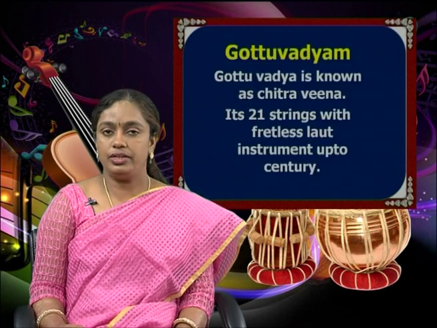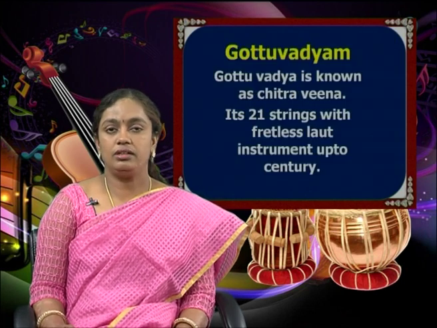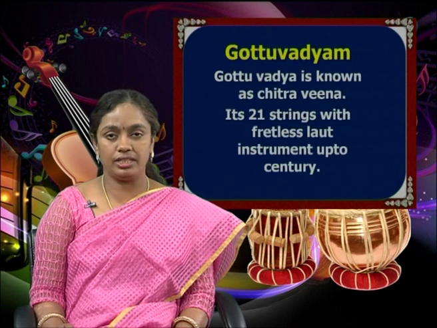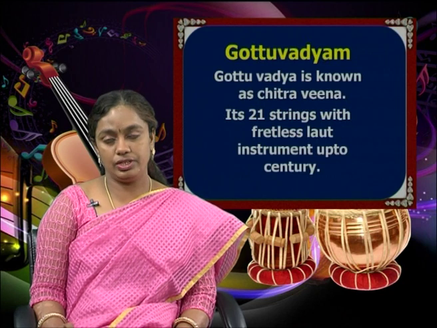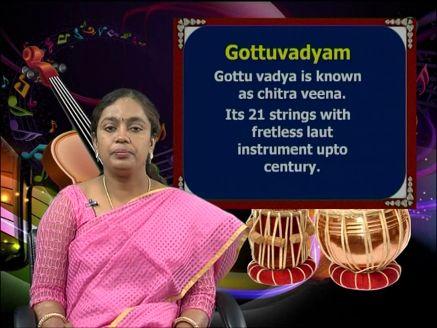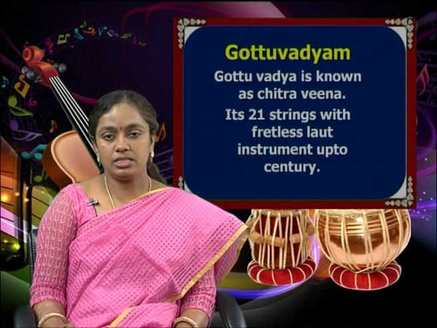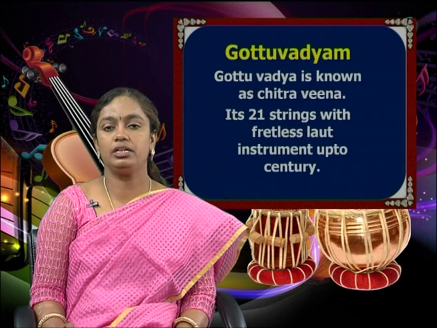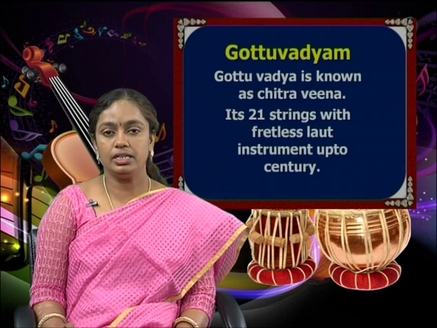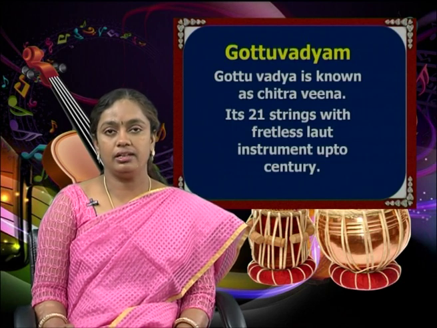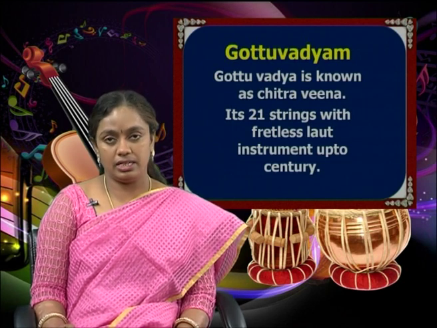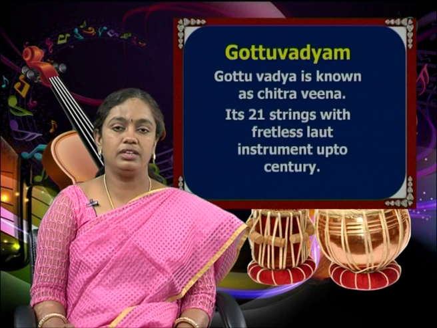Now let us enter into the other musical instrument. This is known as chitraveena or vichitraveena. It is a 21 string fretless instrument. If we compare this with the normal veena, the veena has frets and this instrument does not have any frets for playing the swaras.